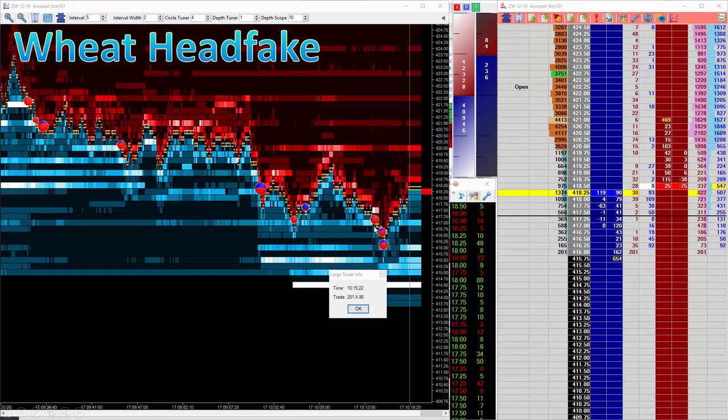Okay. Now in this case, we can see that the 201 contracts traded at the bottom is a real outlier. If you look at what traded everywhere else, 201 is way bigger than we saw trade anywhere else on the way down. Now, as we move up from there, we can see an imbalance on the current trades to the buy side.